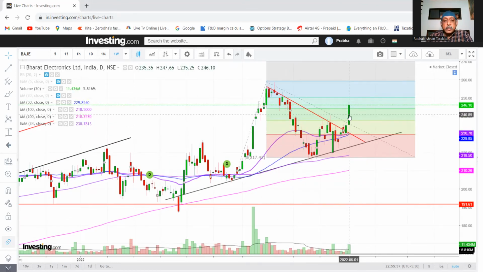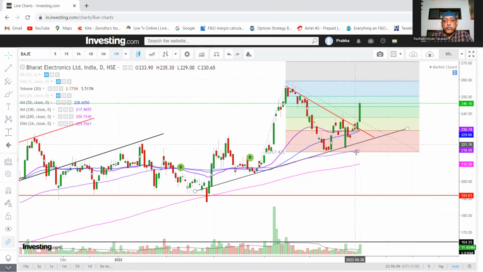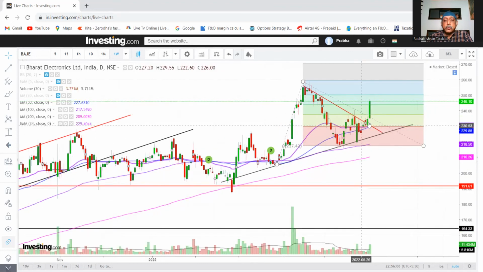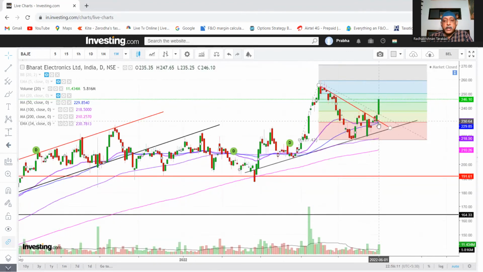If you notice the 34 EMA, the 50-day moving average, the 100-day moving average, and the 200-day moving average, they are all in sync. The 50 and the 34 are at the 228, 229 level, and the 100-day moving average is at the 217 level, and the 200-day moving average is at the 209 level.